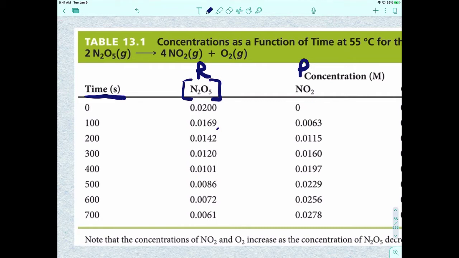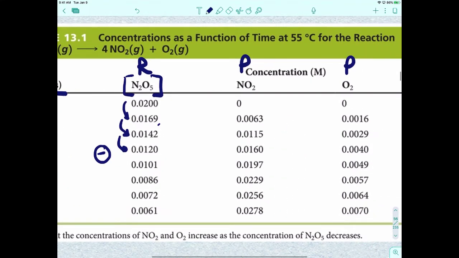Yes, as we go from 0 to 100, 100 to 200, 200 to 300, and so on, the number is decreasing. So I'm going to put a minus sign here just to show that the concentration is decreasing. It's going down.